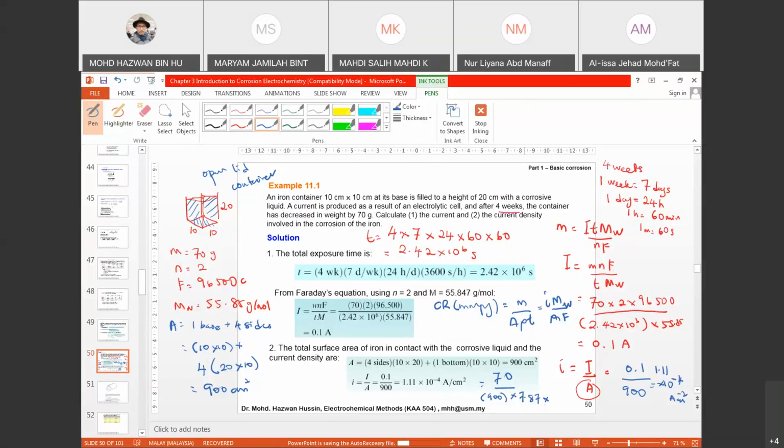Let me check the value. So just now, I told you that you can calculate using either formula, because both formulas will give you the same corrosion rate. So just now you have the mass loss equal to 70, okay, and then area is equal to 900, okay.